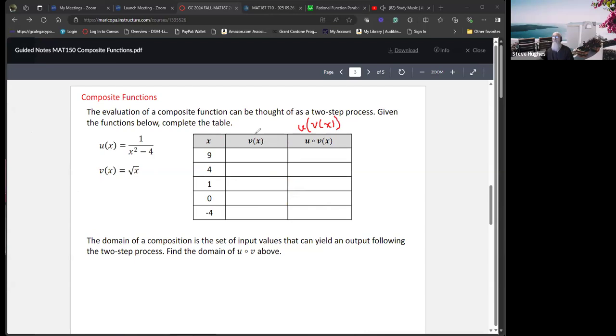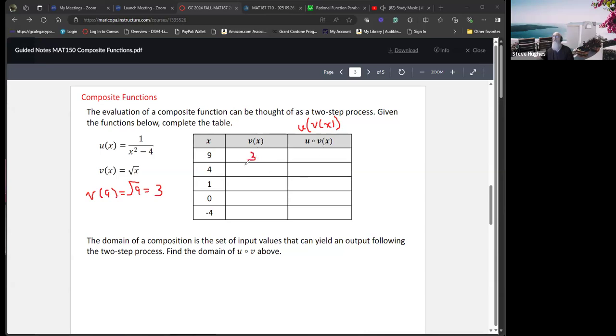So what am I going to do? I'm going to find the value for v of x. Then I'm going to take that value and put it into u of x, right? It's a two-step process. Find the value of v, put that value into u. Okay, that's where I'm headed with this. So v of 9. V of 9 equals the square root of 9, which is 3. So the 3 right here.